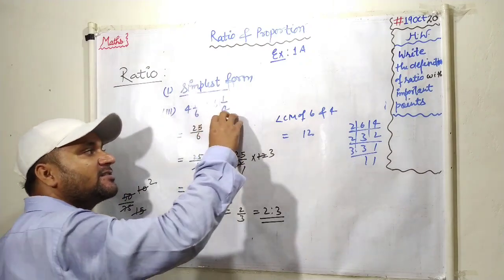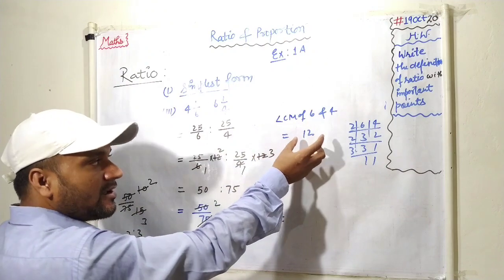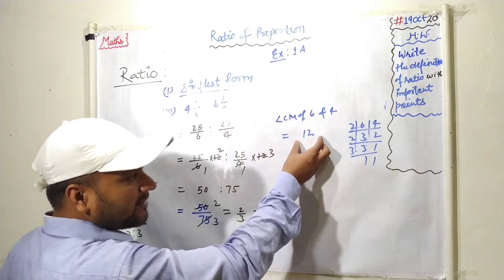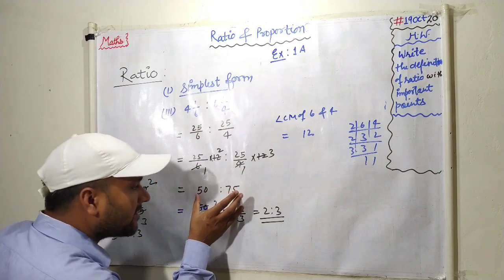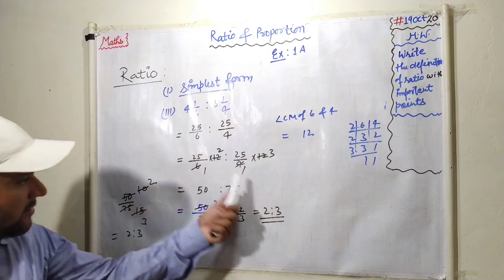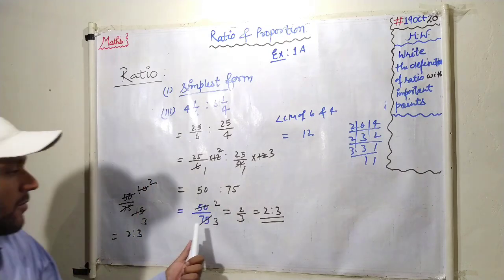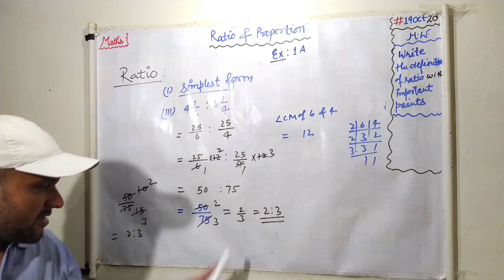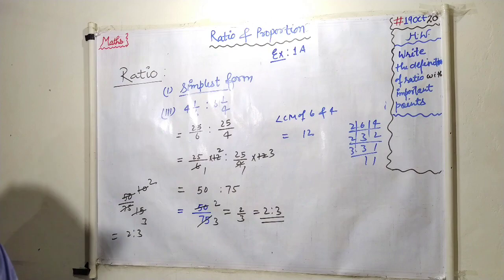This is the antecedent and this one is the consequent. You multiply both terms by that LCM, you will get a different ratio, and then after you will change it into fractional form, and then find the HCF by the HCF method or by the cancelling out method. You will do that and you will get your answer, students.